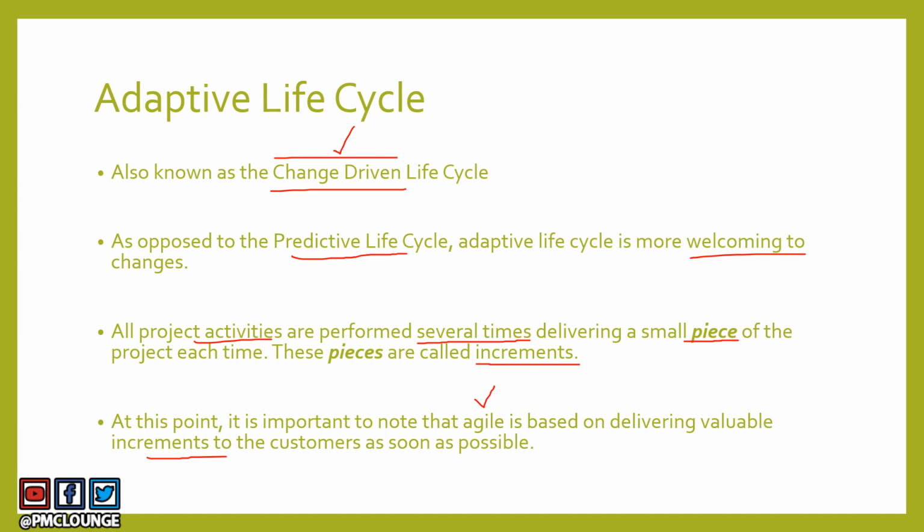What you're going to do is you're going to deliver small pieces or small increments of the product to the customer as soon as possible. Take his or her feedback, incorporate that feedback, and in the next iteration, deliver another increment. So that's how adaptive life cycle works.